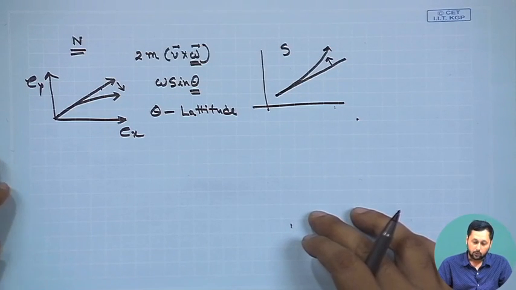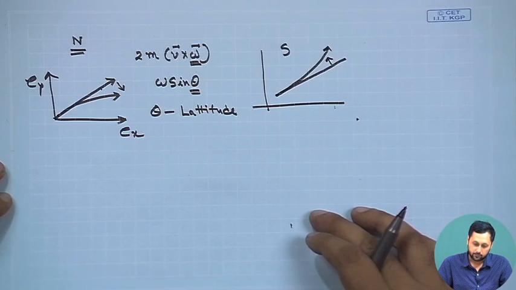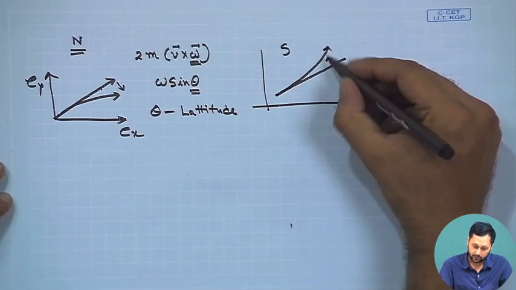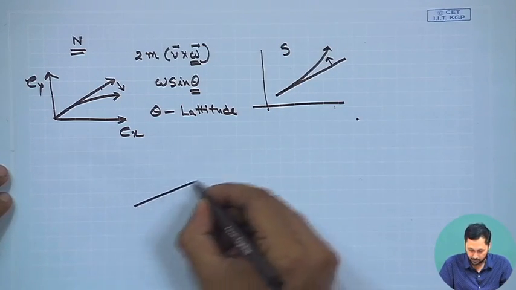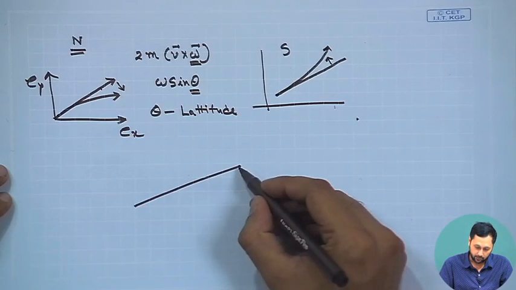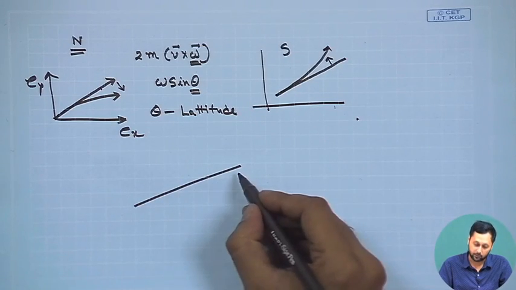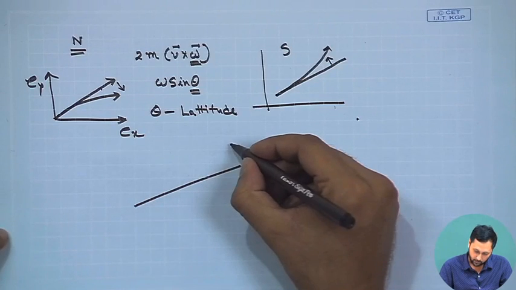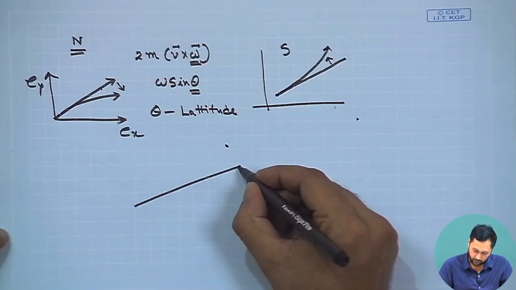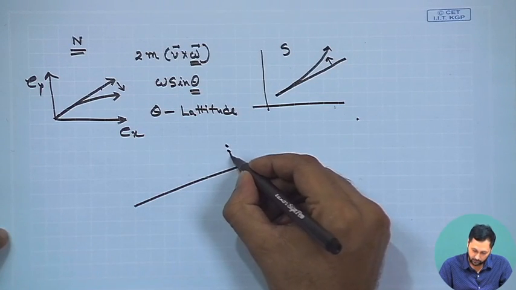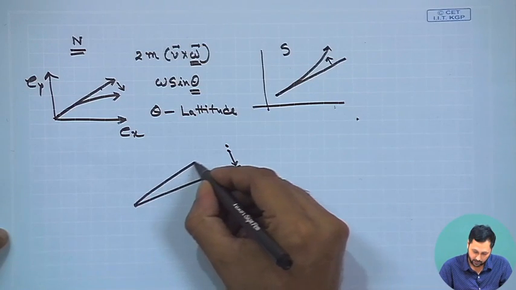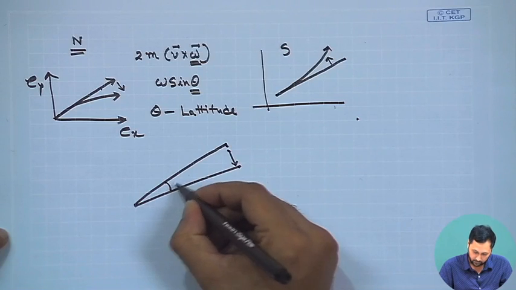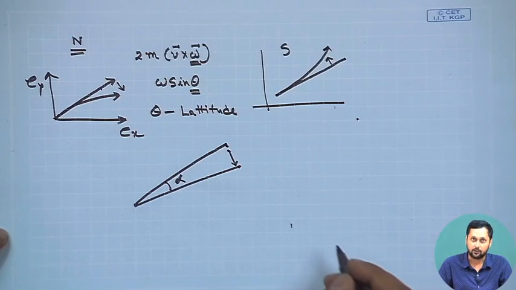Now, we can also find out the angle of this deviation, assuming that this was the original path which the particle was intended to travel, and it ended up going to this position instead. So, the displacement is this, and this is the angle alpha, let us say.